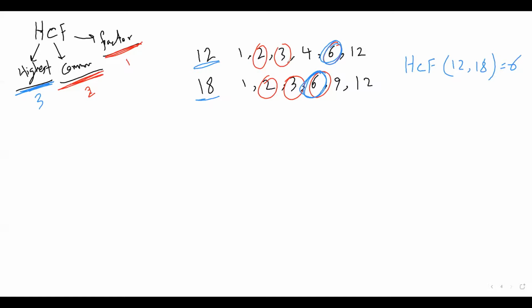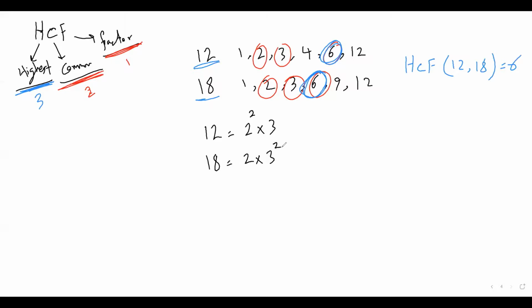So let's talk about it here. And let me rewrite 12 and 18 as a product of their prime factors. Here I get 2 to the power of 2 times 3. Here I get 2 times 3 to the power of 2.